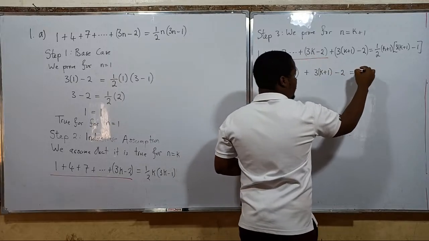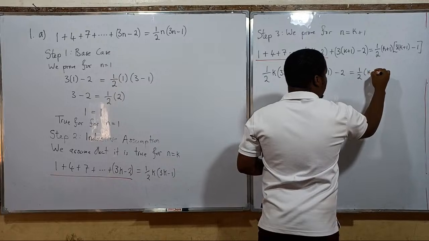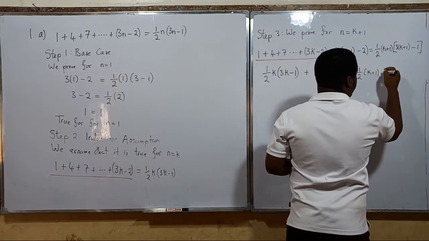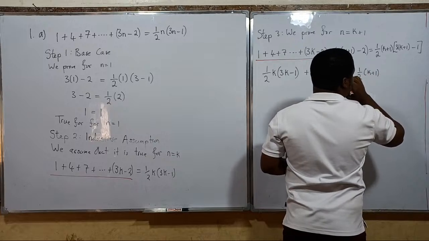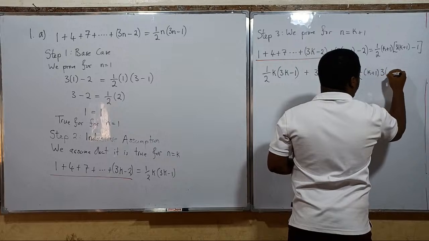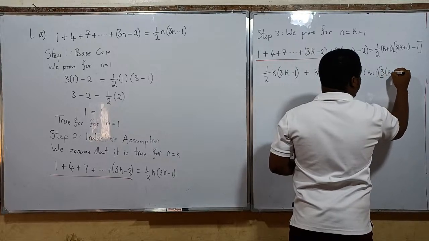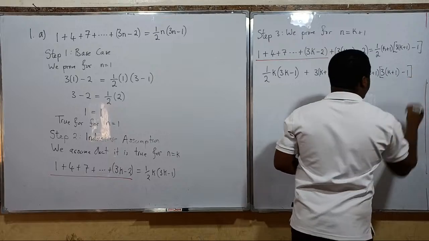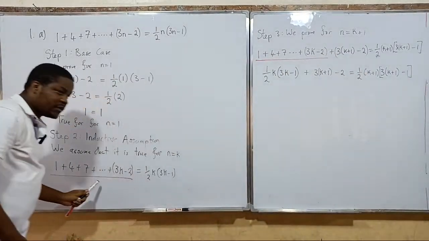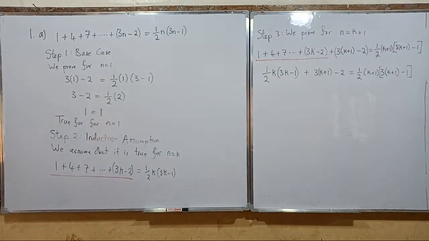This is equal to the other side, which is half k plus 1, and we can have it as 3 in brackets k plus 1 minus 1. So I've just replaced this with this guy, coming from the assumption. That's the whole importance of the assumption. So the assumption is used to help you prove step 3.